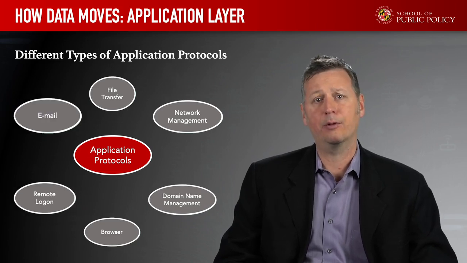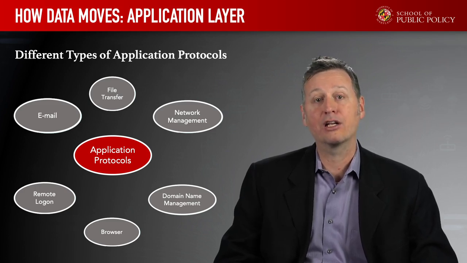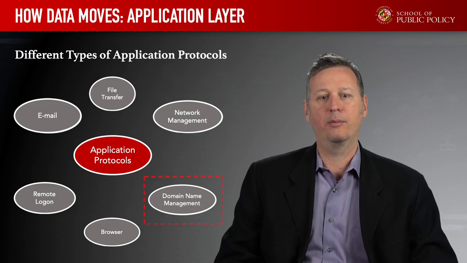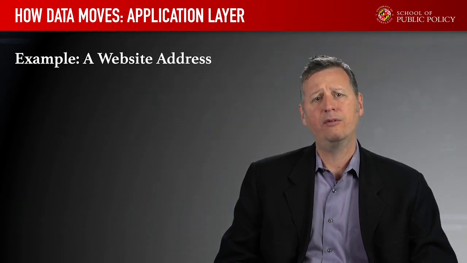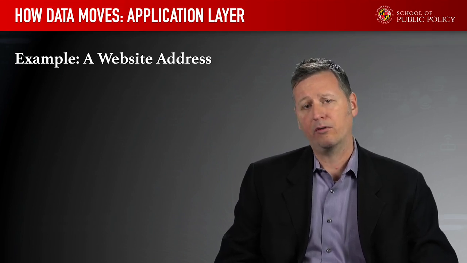These are just examples of the different types of instructions that occur at the application layer. So, in this particular episode, I want to talk a little bit more about just one of these, the domain name management system. And I want to give basically a very simple set of examples of how this actually works.